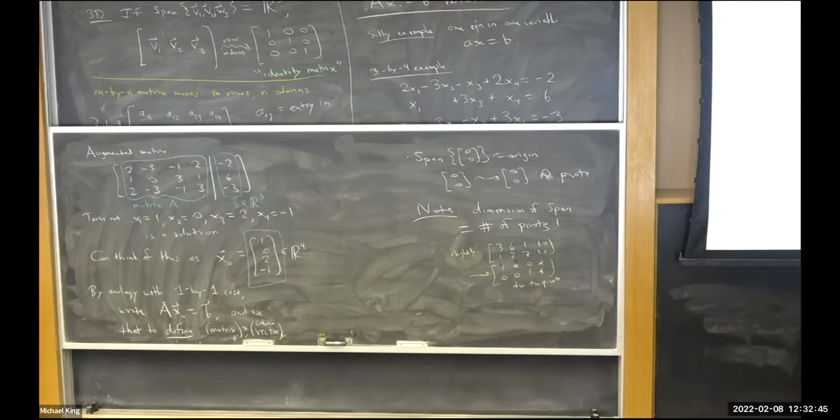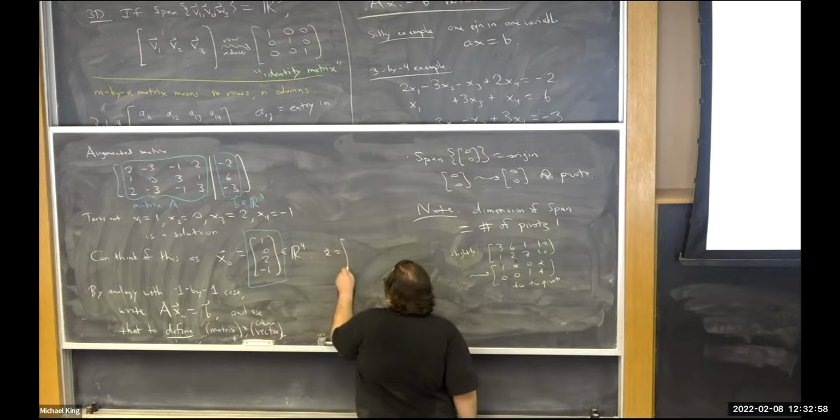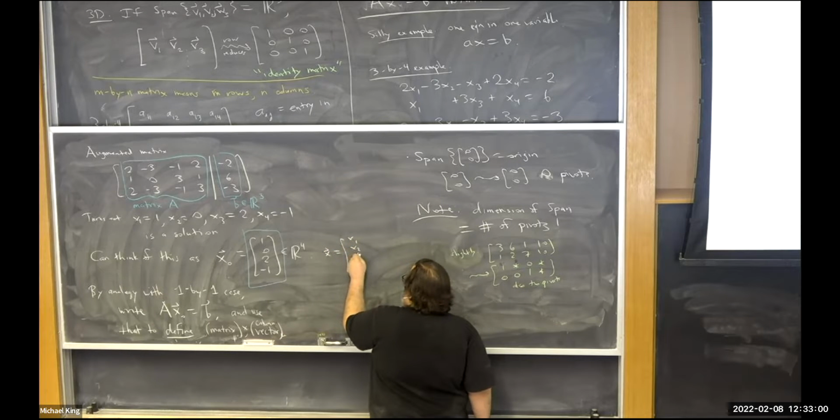If I scroll down more, just on the handout, yeah, we have a general x. I could write a general x here, which is like x1, x2, and so on, representing the variables.